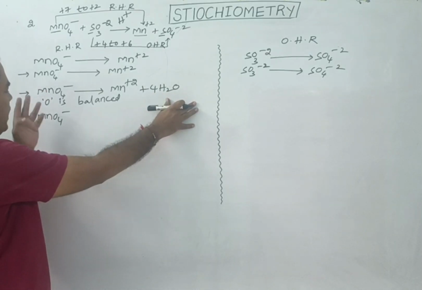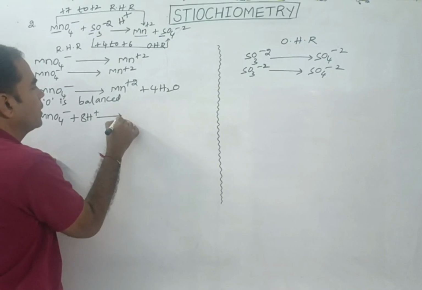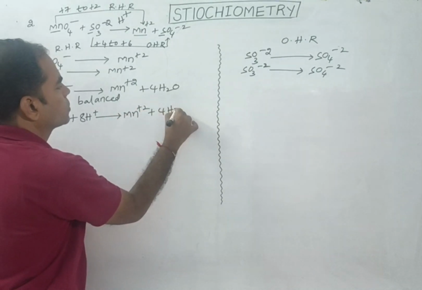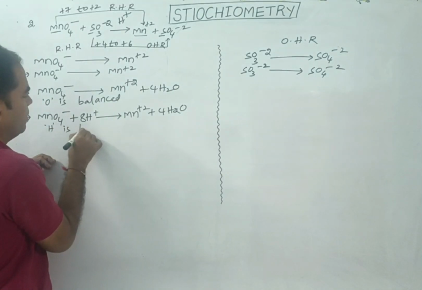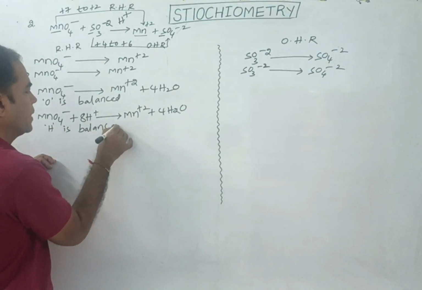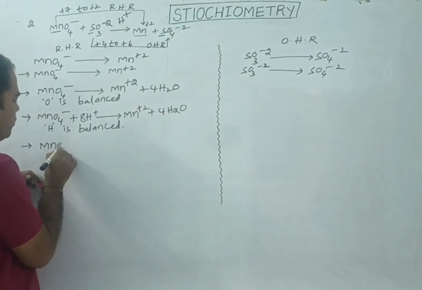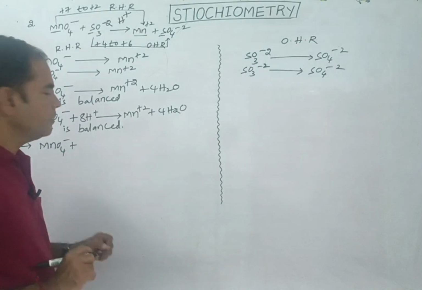Hence we have to add 8 H plus ions on the left side, giving Mn plus 2 plus 4H2O on the right. Here hydrogen is balanced. Okay. Right. Next. See, MnO4 minus plus.